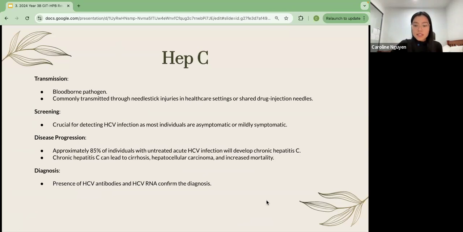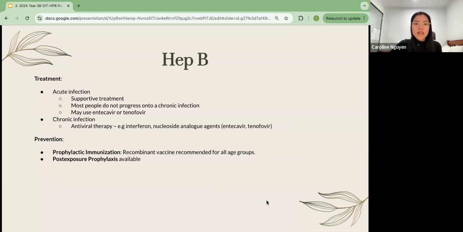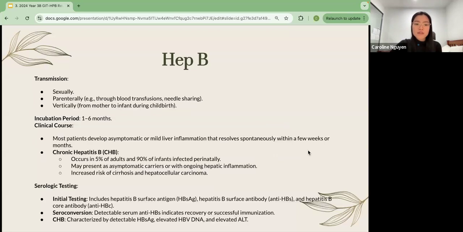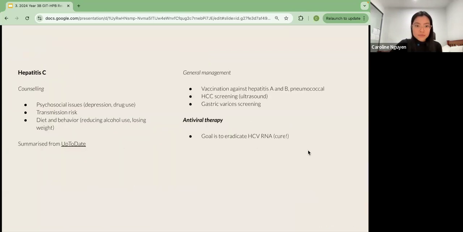Hep C, same transmission patterns as Hep B. This can develop into chronic hepatitis C. Also, the other thing is Hep B, once you get it, you have it for life, although you can have low levels of Hep B, you still have it. Hep C, there's going to be counseling, general management, vaccinate against the other hepatitis, and antiviral therapy.